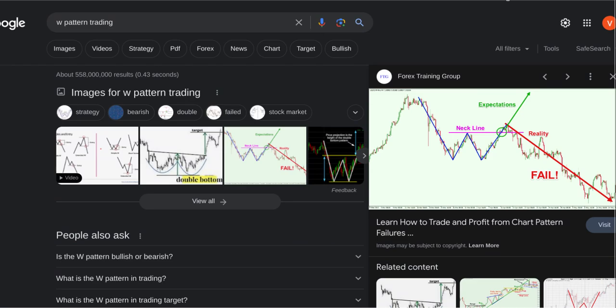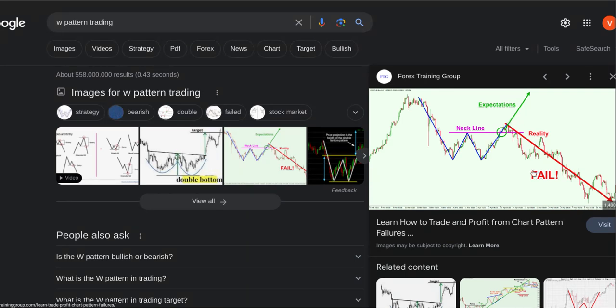A W pattern is a very common pattern to form. Over here you've got your W, then you have your neckline, that's your breakout area. They can also fail, they can roll over and fail, but a lot of times the expectation is for the price to go up.